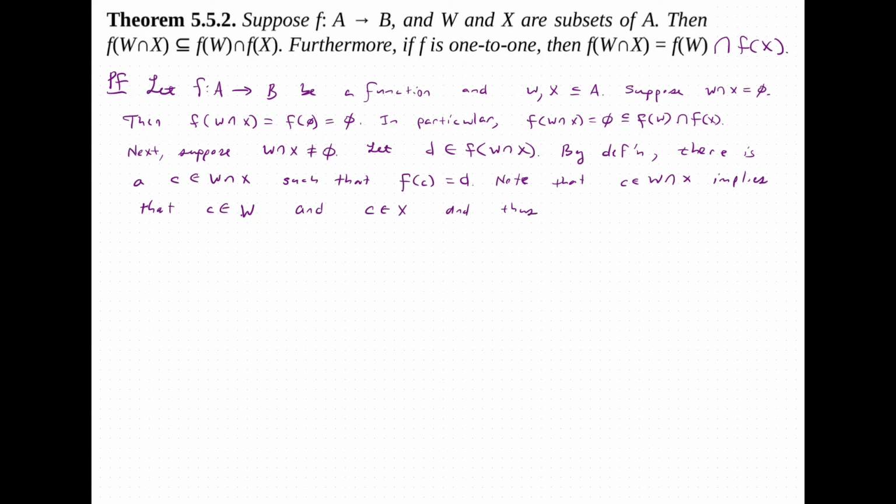And thus f of c is in f of W and f of c is in f of X. Hence, f of c, which is what we called d initially, so d equals f of c, is in the intersection of the image of W under f intersected with the image of X under f.